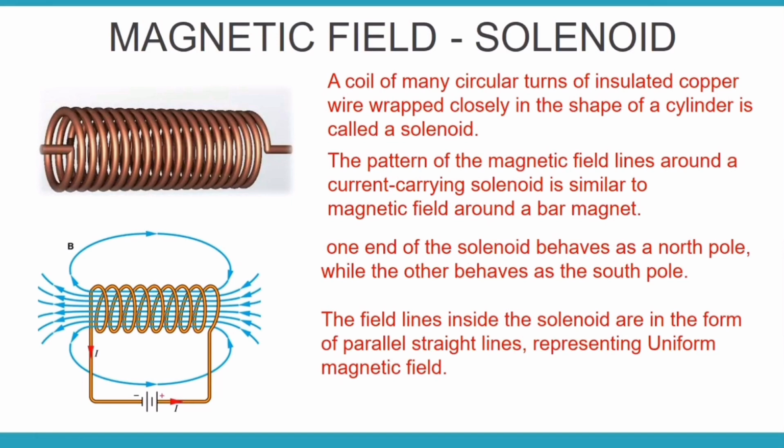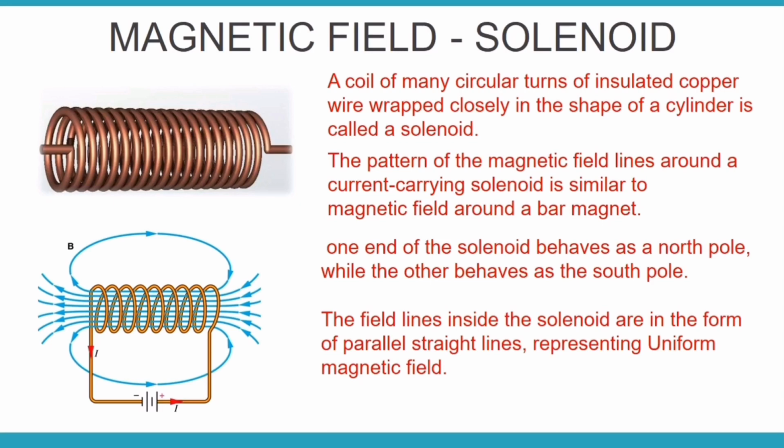Magnetic field for a solenoid. You could see a spring-like structure in this picture, right? That is what is called a solenoid. A coil of many circular turns of insulated copper wire wrapped closely in the shape of a cylinder is called a solenoid.